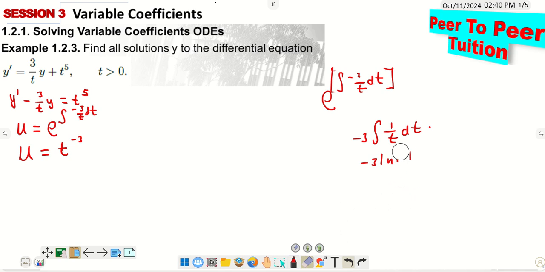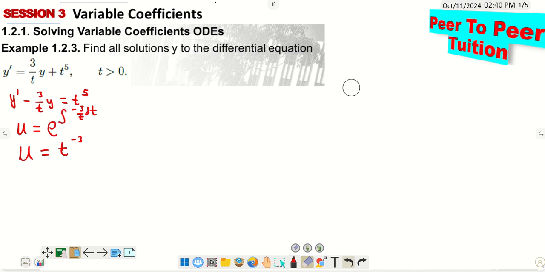I didn't bring the constant of integration because when we multiply through, it will cancel out. So now let's move on. The next thing is to multiply through by this integrating factor.